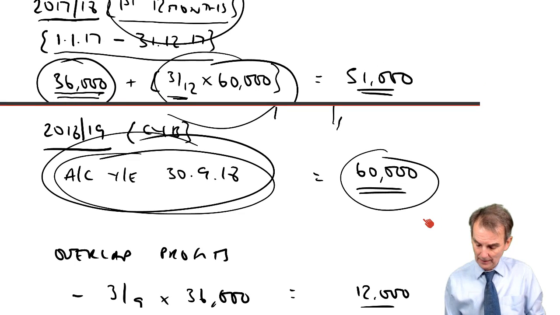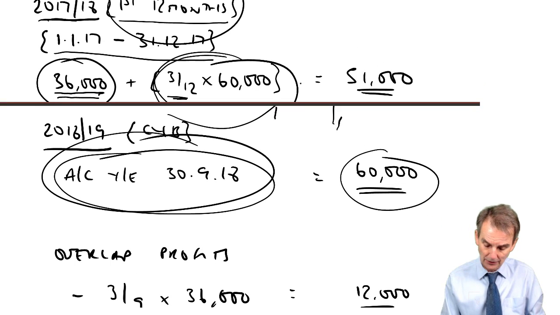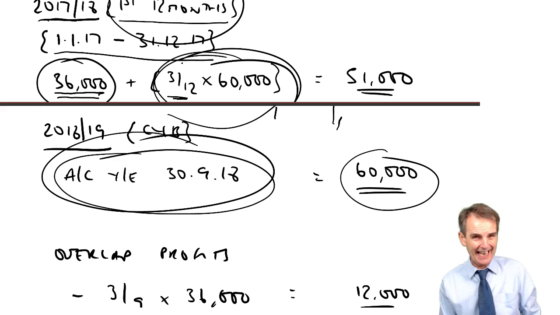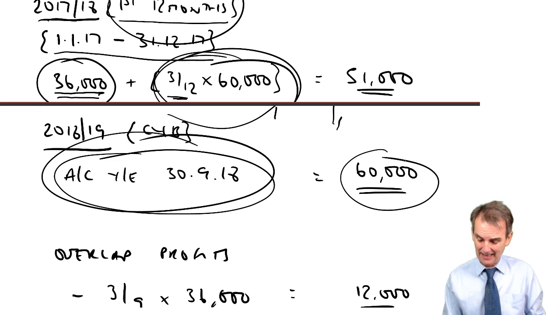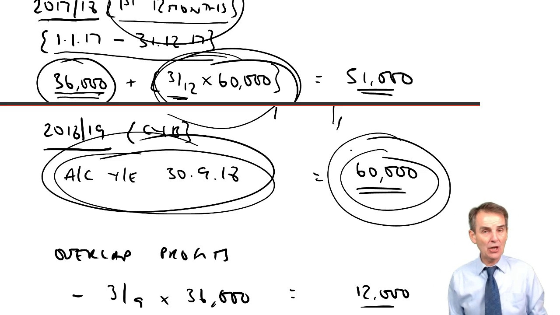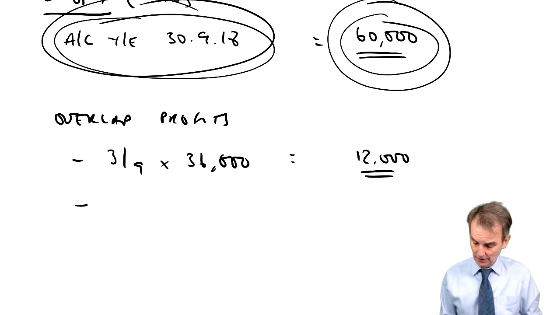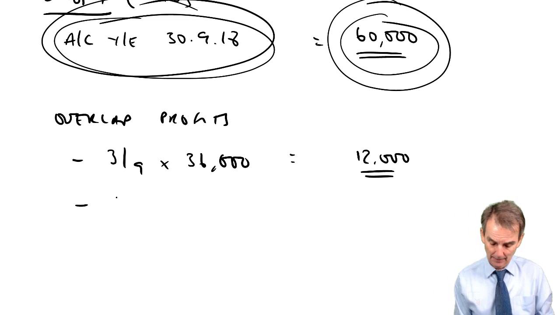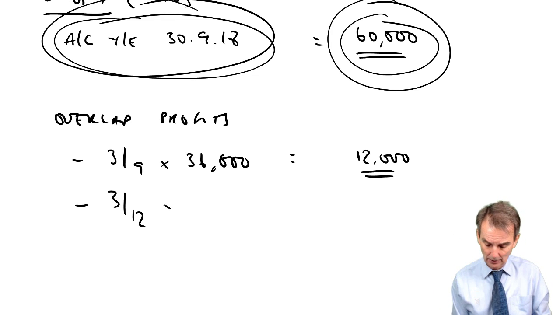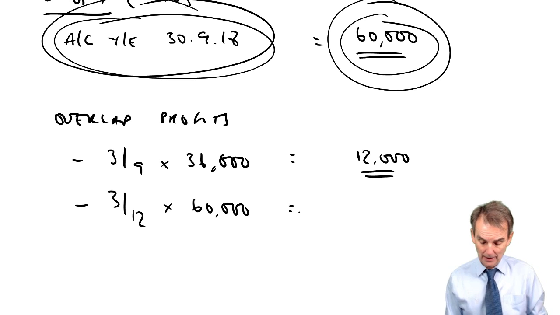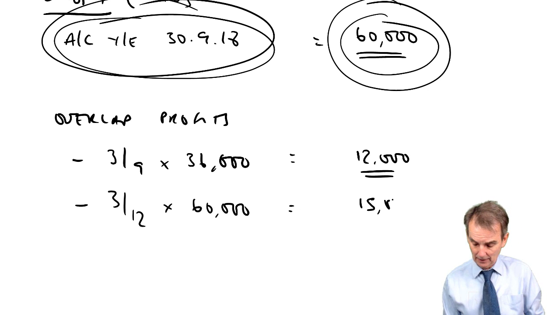Well, of course, we've now got that 3 months of the 60,000 being assessed in 17/18 and is of course a part of the overall 60,000 assessed in 18/19. So there, therefore, is the second part of our overlap, that being 3/12 of £60,000, and that is 15,000.